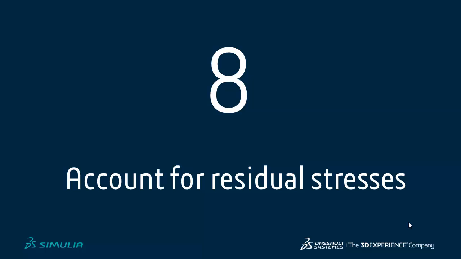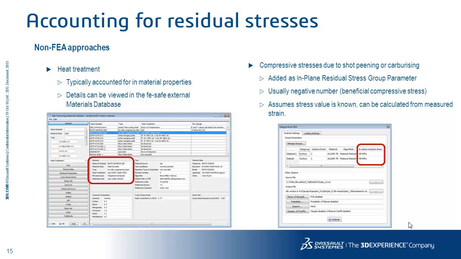And then finally, I'll finish up with accounting for residual stress. This is an important feature in FE-Safe. So there's a number of ways to do that. For non-FEA methodologies, you can use material properties. And if you were to go into our database, there's some materials where you'll see that we have different heat treats available, different hardnesses.